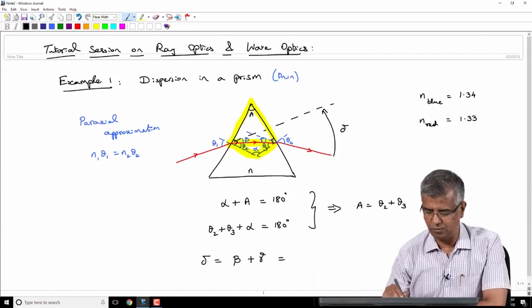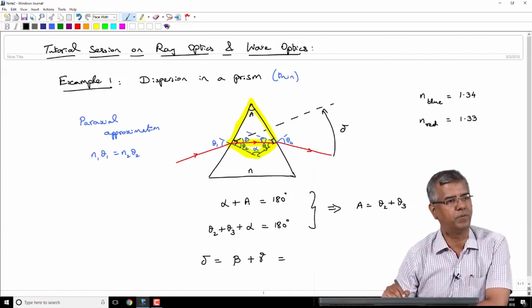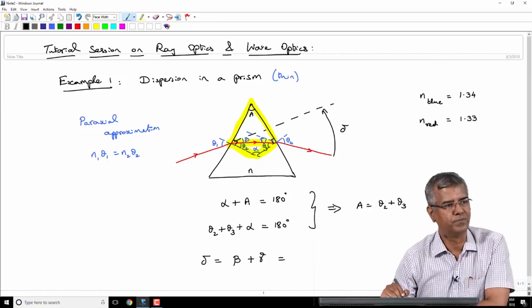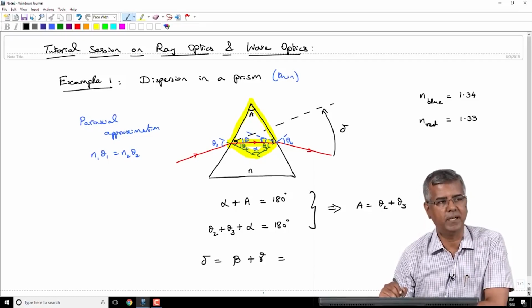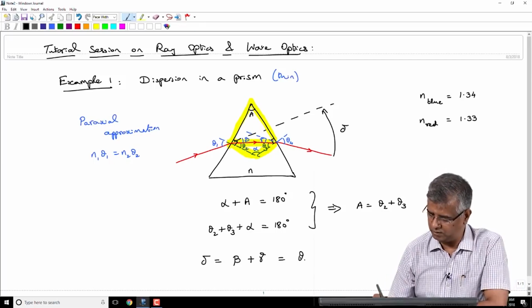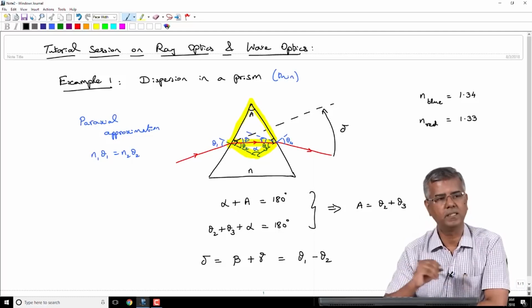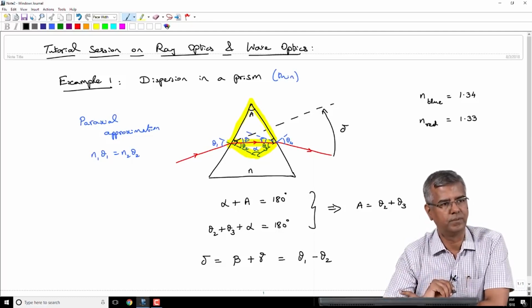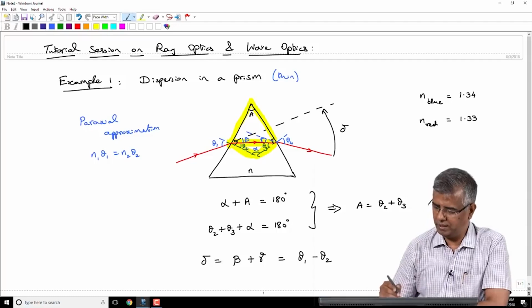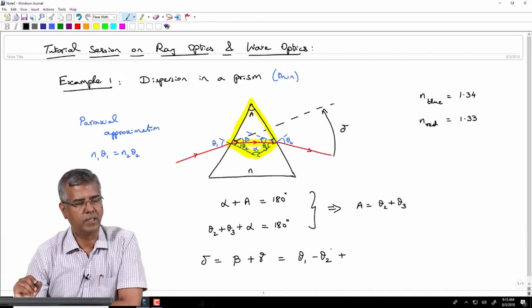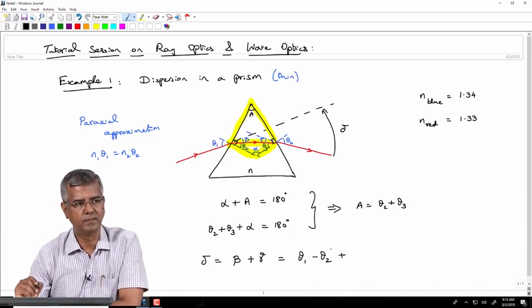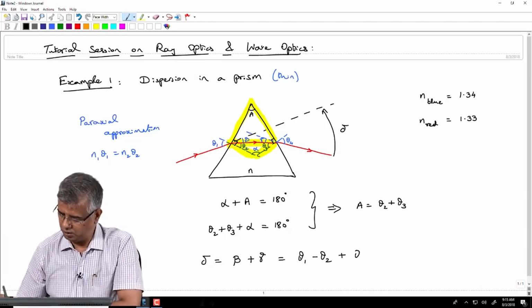But beta itself can be expressed in terms of theta 1 and theta 2. What is beta in terms of theta 1 and theta 2? Beta will be equal to theta 1 minus theta 2. And similarly, what is gamma? Theta 4 minus theta 3.